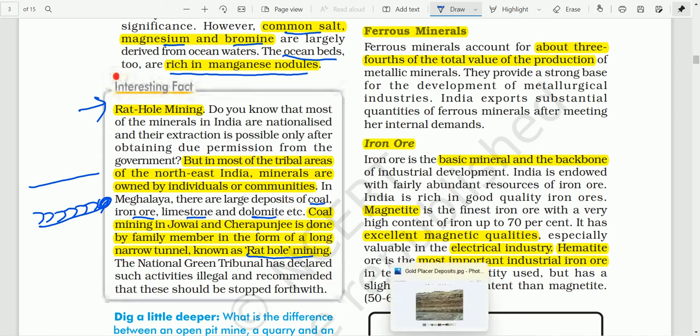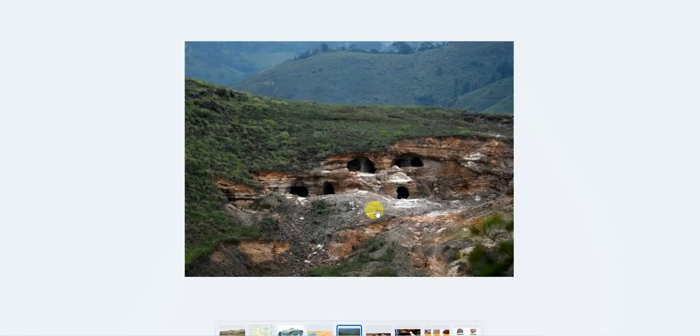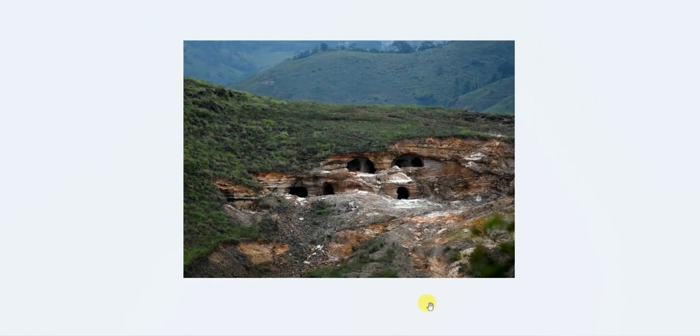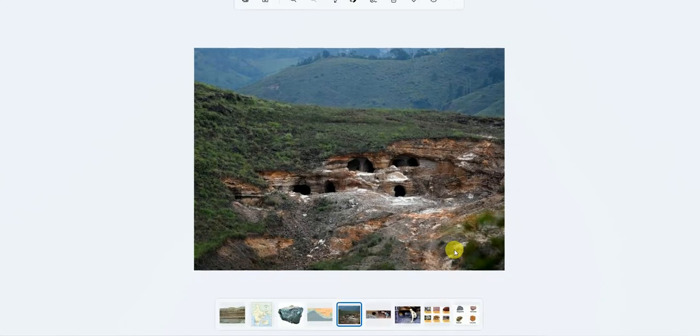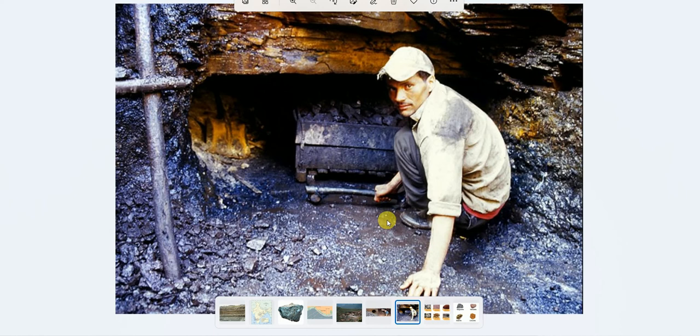I will show you some photographs of rat hole mining. See, these are the holes of rat hole mining in Cherrapunji. And here is another photograph of rat hole mining. So this is the hole, and one buoy is also here, and this is another photograph of rat hole mining.